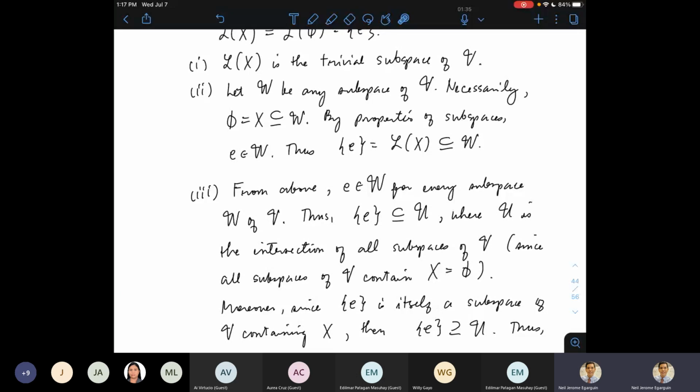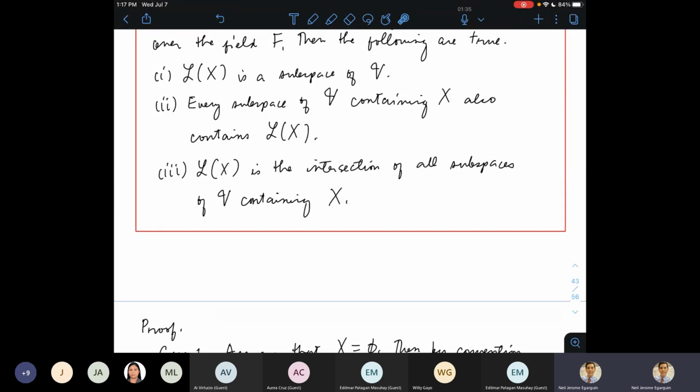Okay. The third statement is about curly L being the intersection of all subspaces of V containing X. So we are talking equality here of two sets, L of X being equal to the intersection of all subspaces.